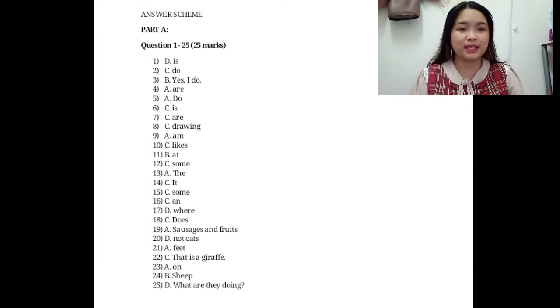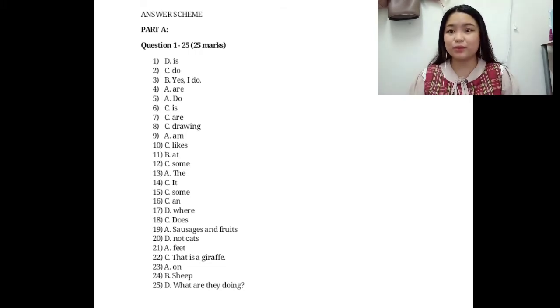Very simple. Like this, for 1 the answer is D, which is this. For 19, A for sausages and fruits. And that is all for my part, part A grammar.